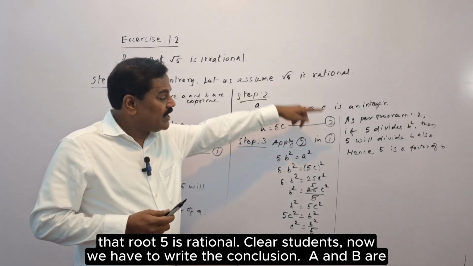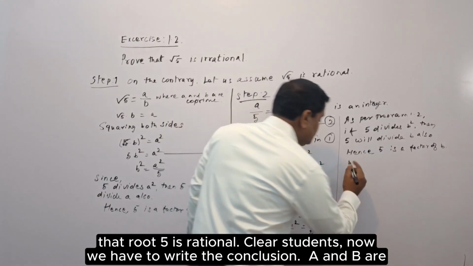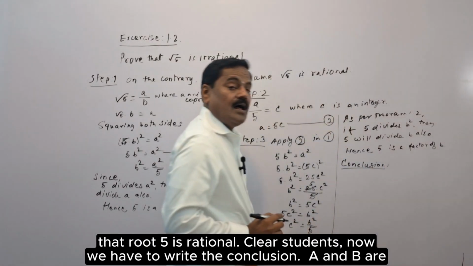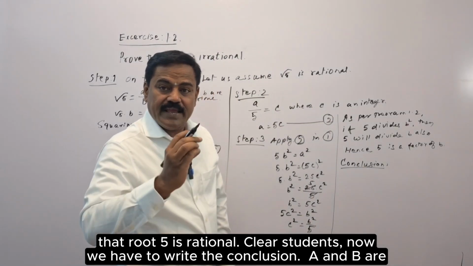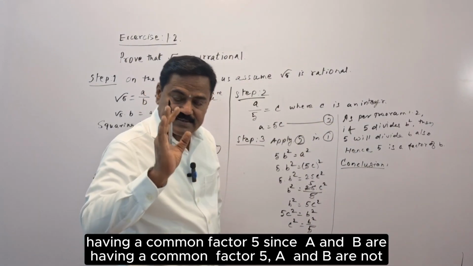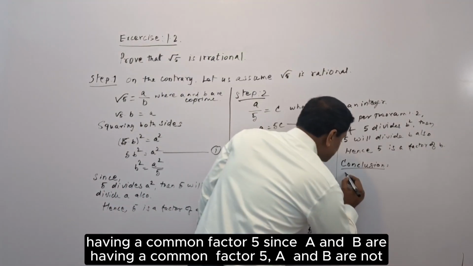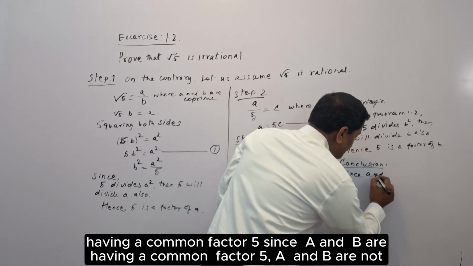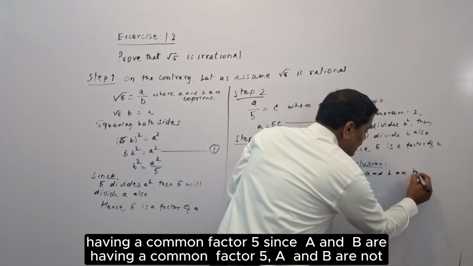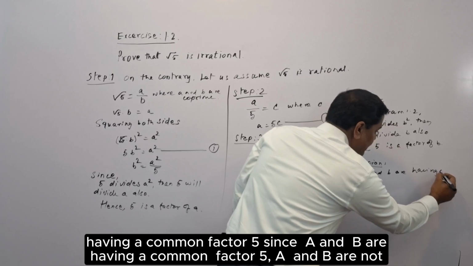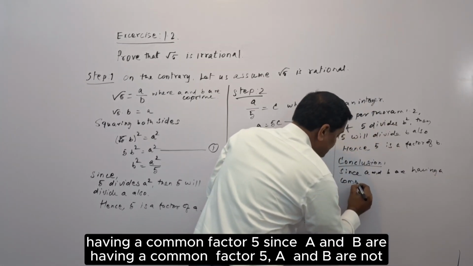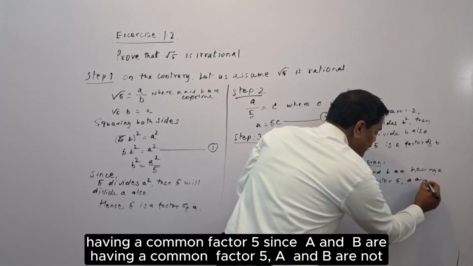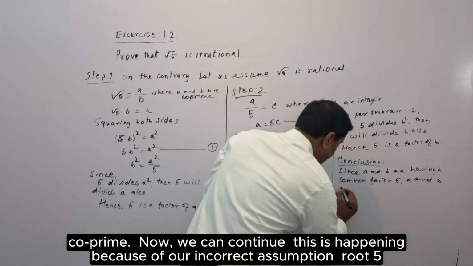Dear students, now we have to write the conclusion. Since a and b have a common factor 5, a and b are not co-prime.